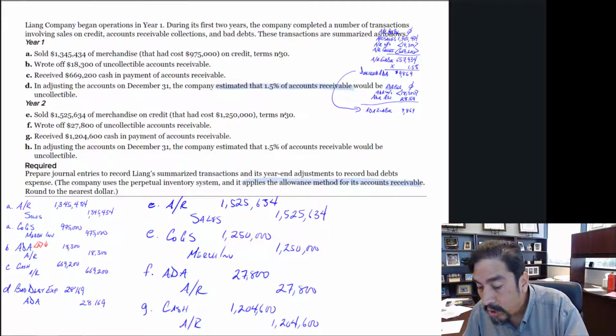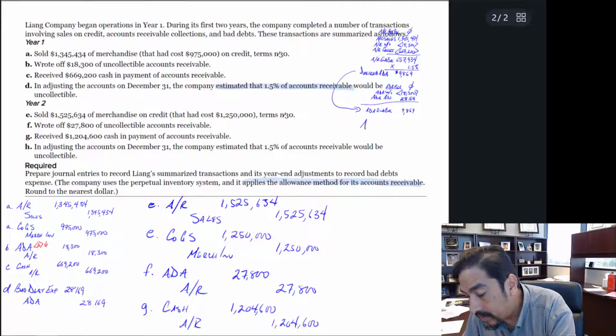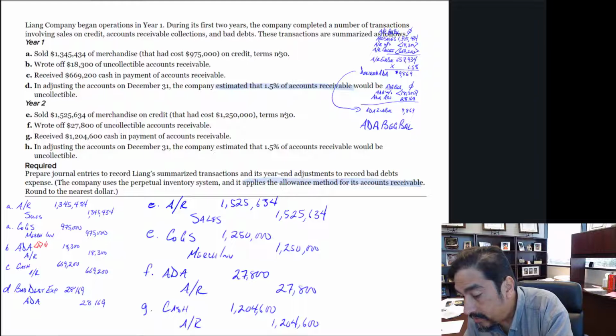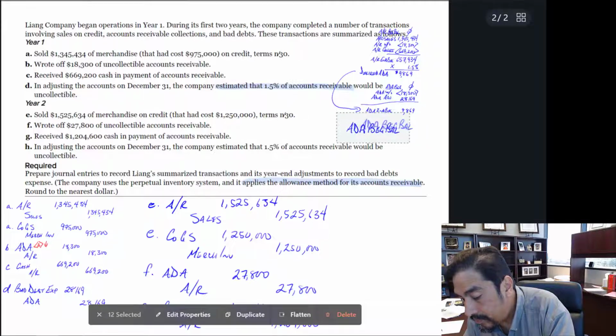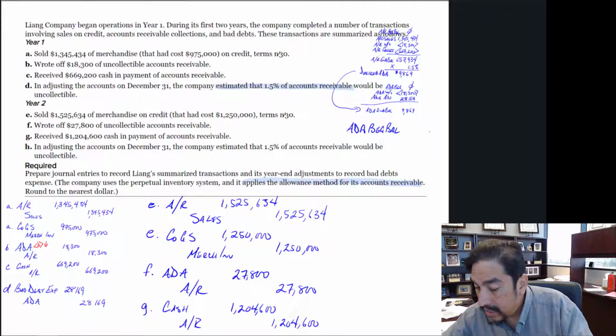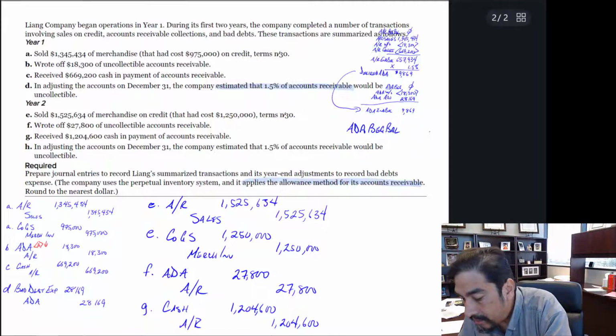So I'm going to start off with my ADA beginning balance. And that's just my ending balance from last year, which is $9,869.